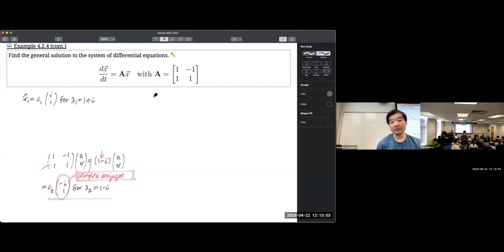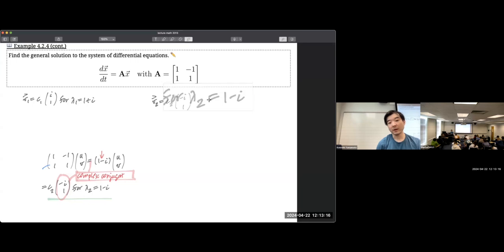And then the other one I'm going to list right here was C2 times (-I, 1), and this was for when lambda 2 was equal to 1 minus I.